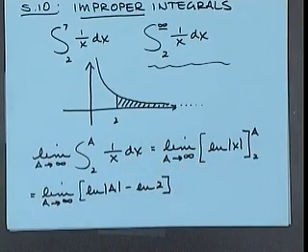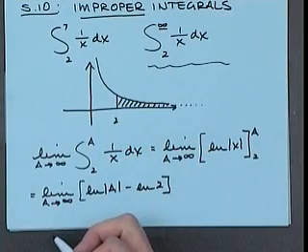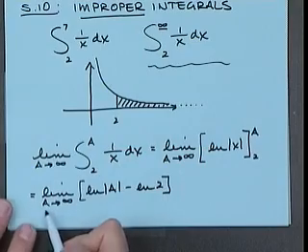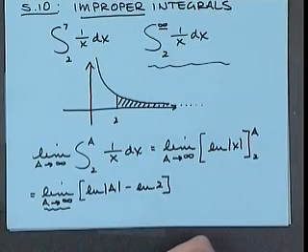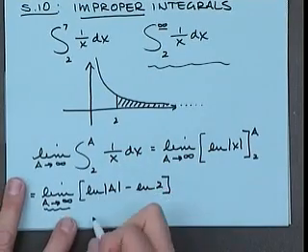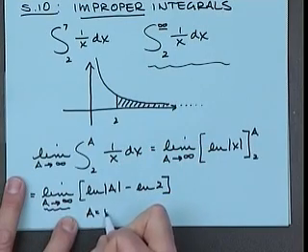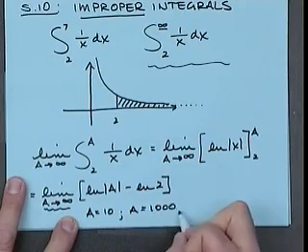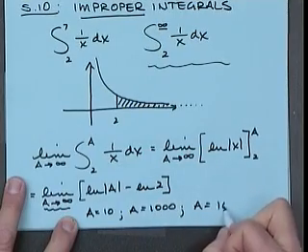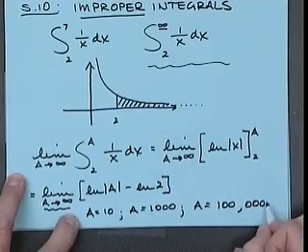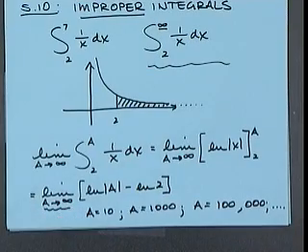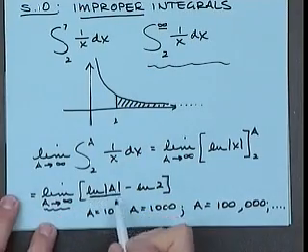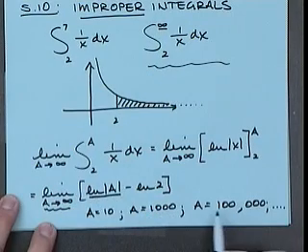So part of it we're going to know and part of it we're not going to know. Now we're done integrating, we're done evaluating. Let's see what happens as a approaches infinitely large numbers. So we want a to be 10, not very large, a to be 1,000, a to be 100,000, and so on. What happens to the natural log of a as a gets larger and larger and larger?